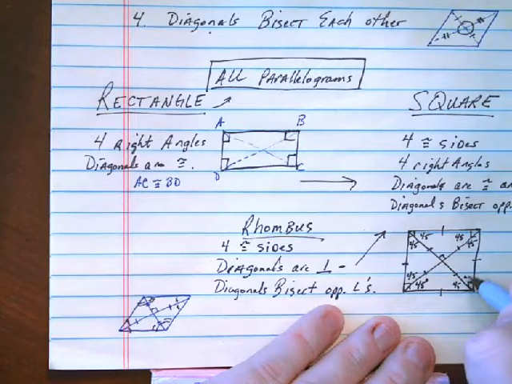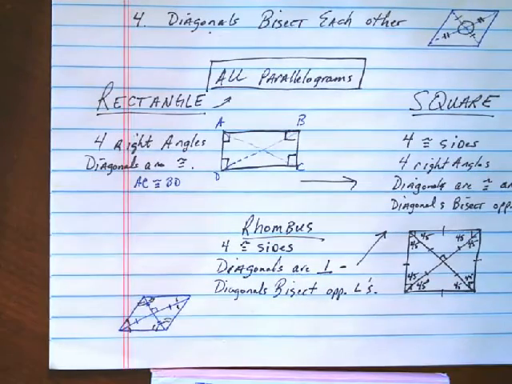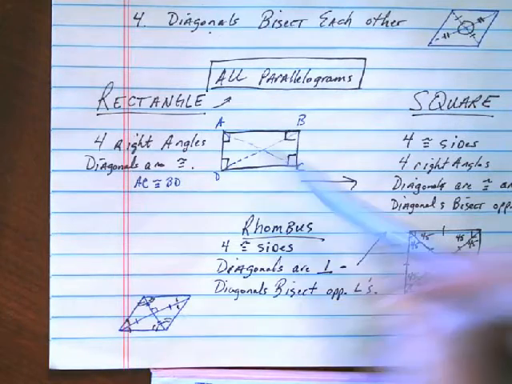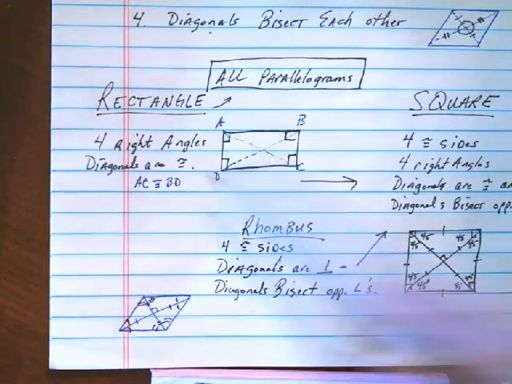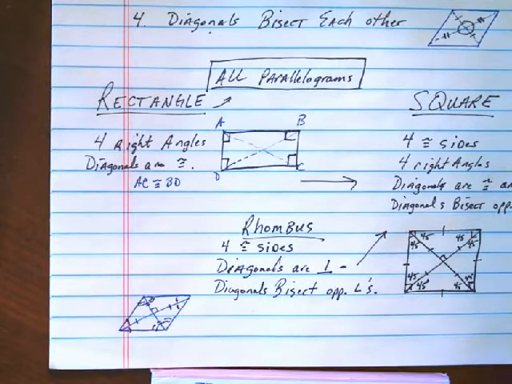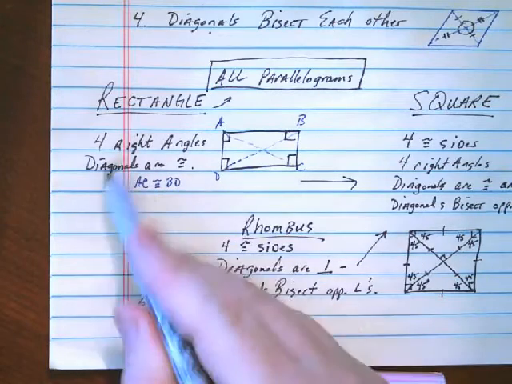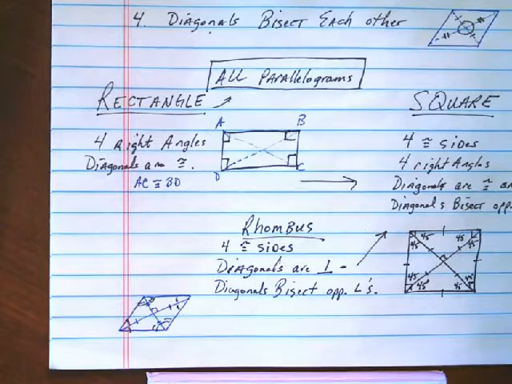I mean, there's just so much going on there in a square. So a square is a rectangle. It is. But is a rectangle a square? No. All the attributes and qualities of a rectangle fit inside of a square, though.